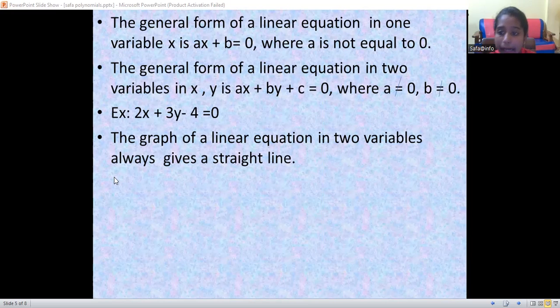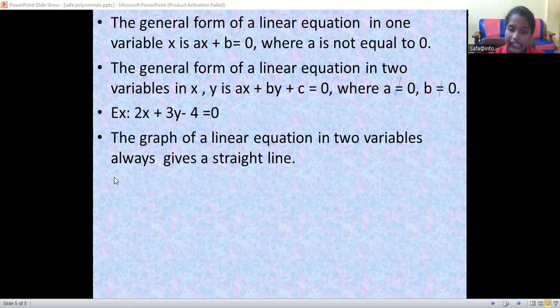And b is also not equal to 0. For example, 2x plus 3y minus 4 is equal to 0. Here x and y are the variables, and 2 and 3 are not equal to 0.